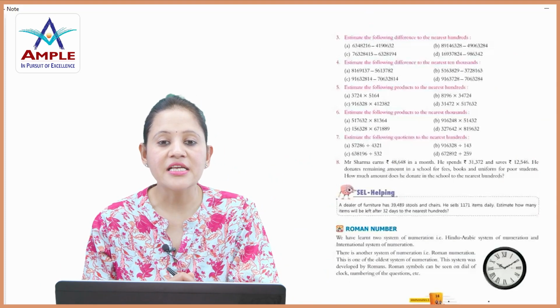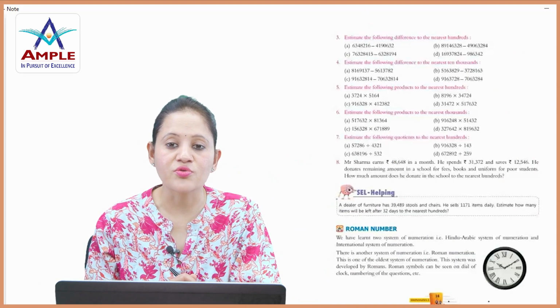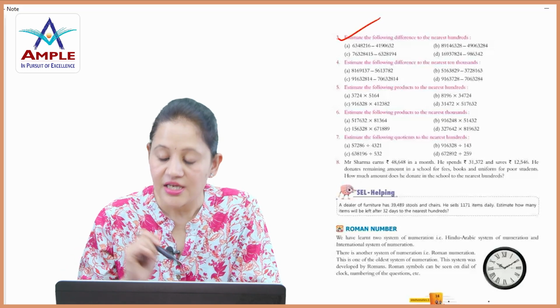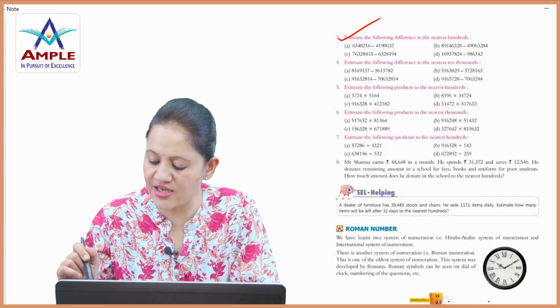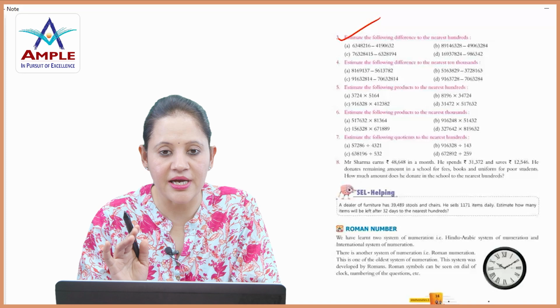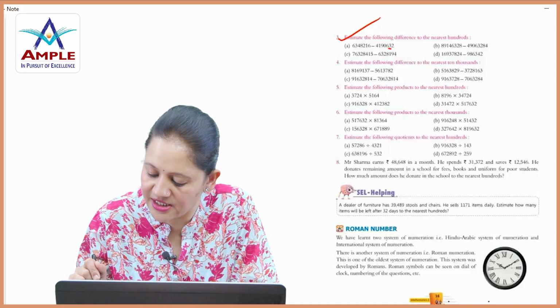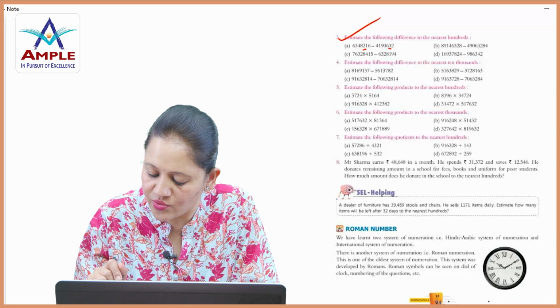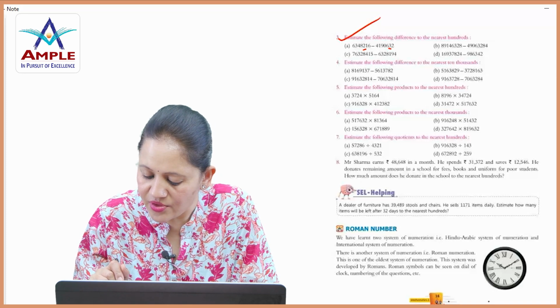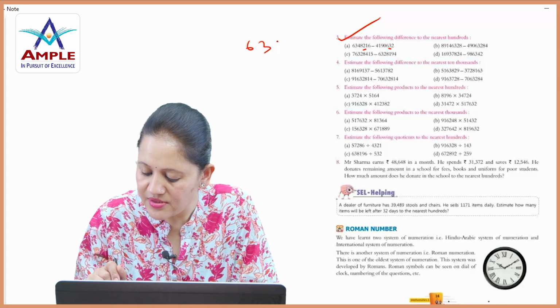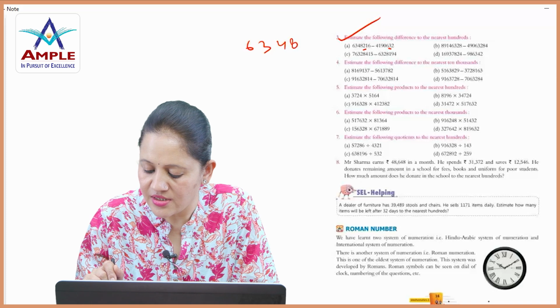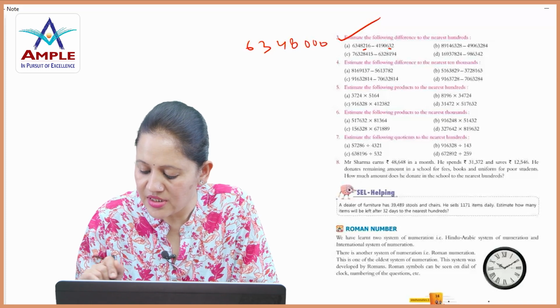Next, estimate the following difference to the nearest 100. Nearest 100, same way, the same rule will apply. Nearest 100 means we will see the digit at the tens place. Here it is 3 and here it is 2. So, nine zeros.